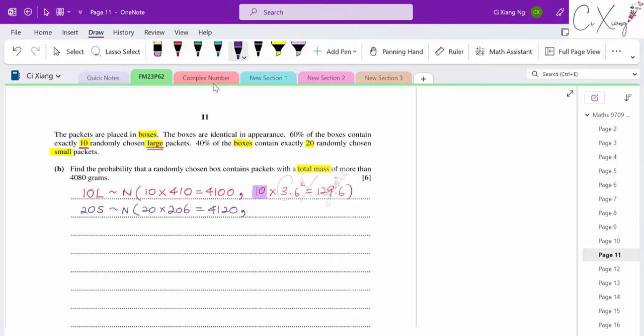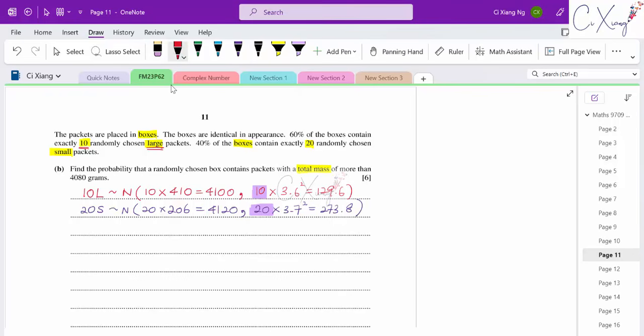So for the variance, I only take 20 times the variance of S, which is 3.7 squared. There's no square for the 20 as well. The reason is the same because we have 20 randomly chosen small packets. It is not about the times, but they are total. The total for 20 small packets. So for the variance we just add them together and we have 20 times 3.7 squared. From this, we have the value 273.8.